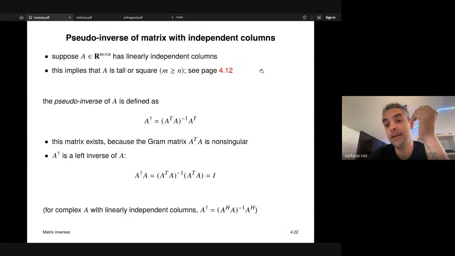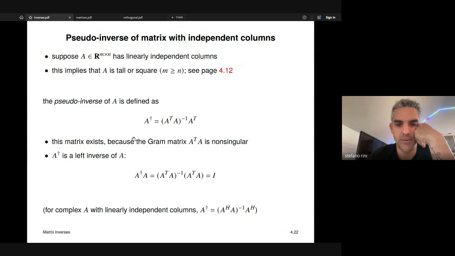And if we have this many linearly independent columns, then we should be able to have a regular matrix inverse. So this is the first thing that we have to check. If m is equal to n, then the pseudo-inverse becomes the real inverse. And the other thing that we want to check is whether the dimensions fit, right? Because if we have an m times n matrix, then we know that the inverse, whether left or right inverse, however we want to define it, has to be n times m.